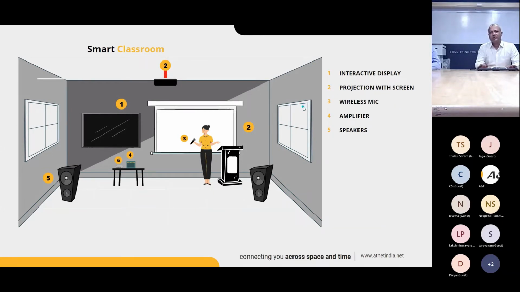From ANT side, we will provide our interactive display, which we have in different sizes, from 65, 75, 86 up to 98. We have our brand ANT interactive display and the basic audio system, with a third-party audio system. For the smart classroom, generally we require one interactive display in the basic smart classroom, which we are promoting.